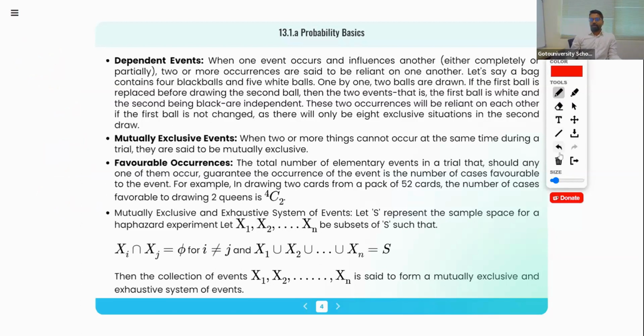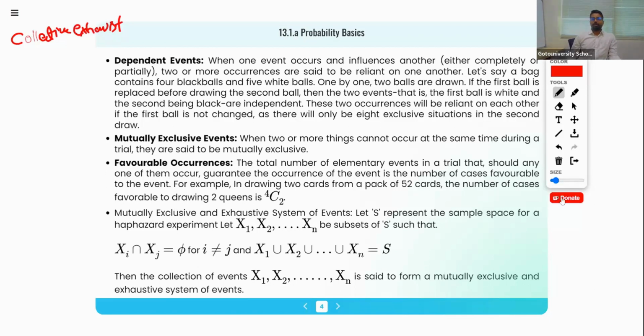Then we understood mutually exclusive. There's another very, very important definition, that is collectively exhaustive. What do you mean by the word exhaust? Exhaust means finished, right?